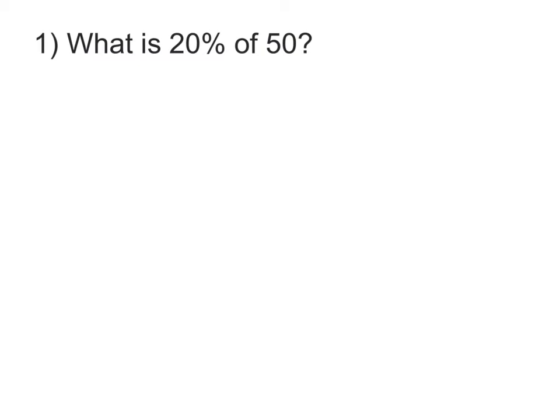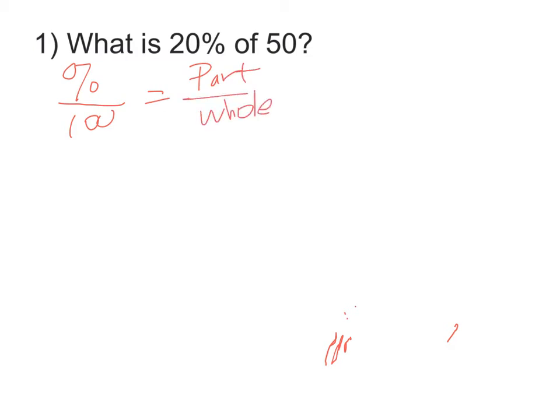Let's look at the universal percent proportion in action. Here's an example problem. What is 20% of 50? If we keep in mind our universal percent proportion is percent over 100 equals part over whole, we can solve this very easily.